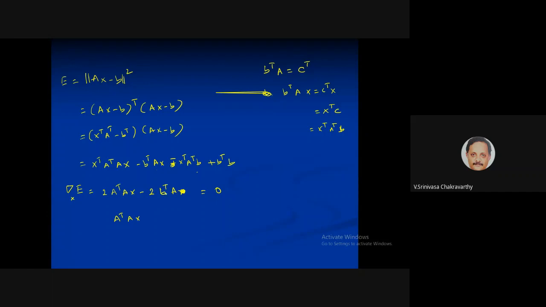Say c transpose x: if I differentiate with respect to x, the answer is c itself, because c transpose x is nothing but sigma ci xi. So you get the c vector, which is a column vector. So this should be A transpose b.